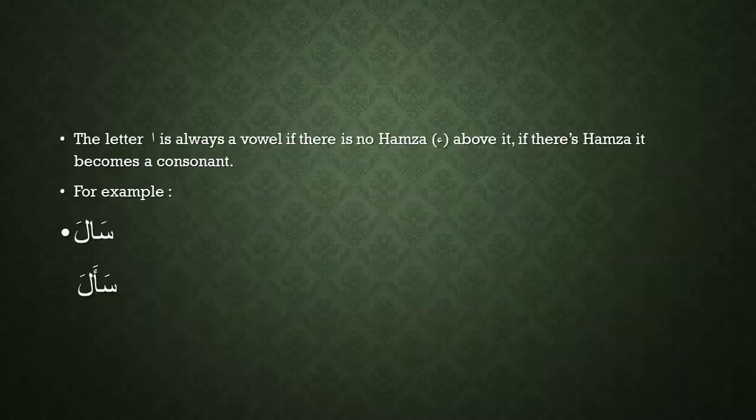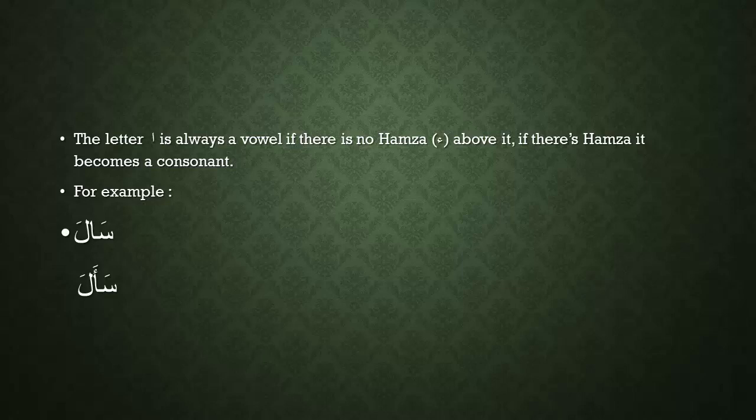The letter alif is always a vowel if there is no hamza above it, which is this shape that we can see. If there is a hamza, it becomes a consonant. For example, sin fatha, sa, alif, lam fatha, la, sala. We read it as a vowel because there is no hamza above the alif. So it's always a vowel. Sala.